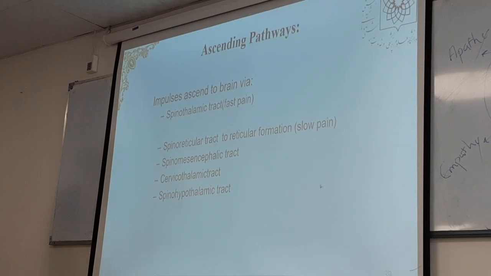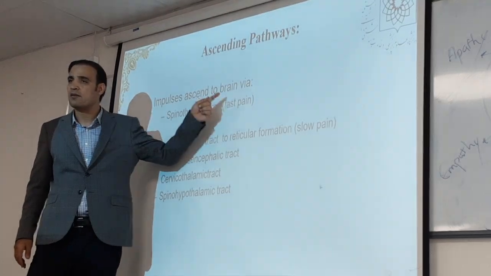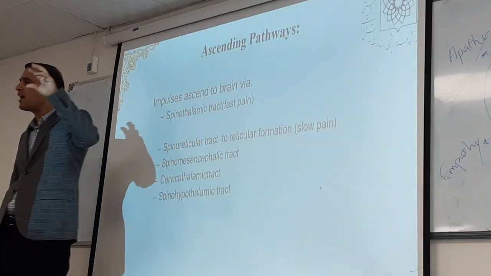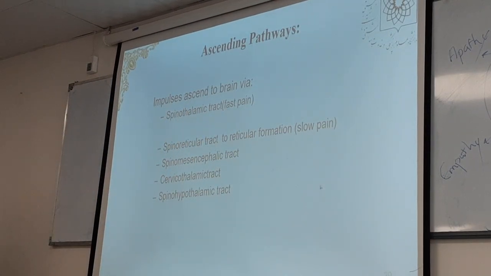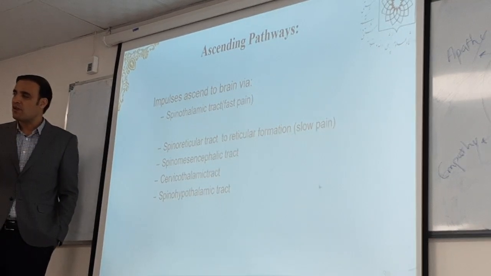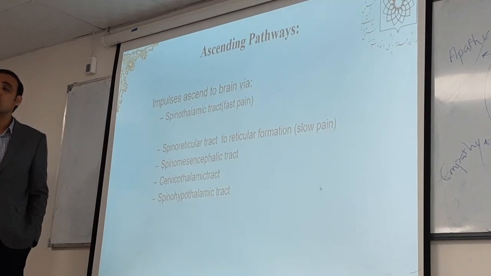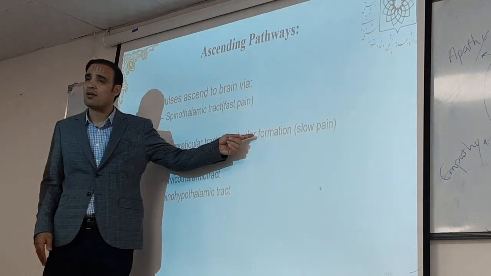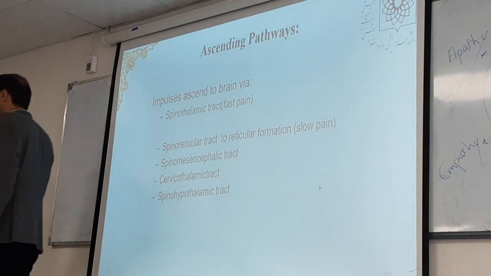And this pathway is mainly used to send the fast pain, the burning pain that we have at the beginning of the pain. But what about the other copies, other pathways? One pathway is spinoreticular. From the spinal cord, signals are sent to the reticular formation. Who knows about the reticular formation?